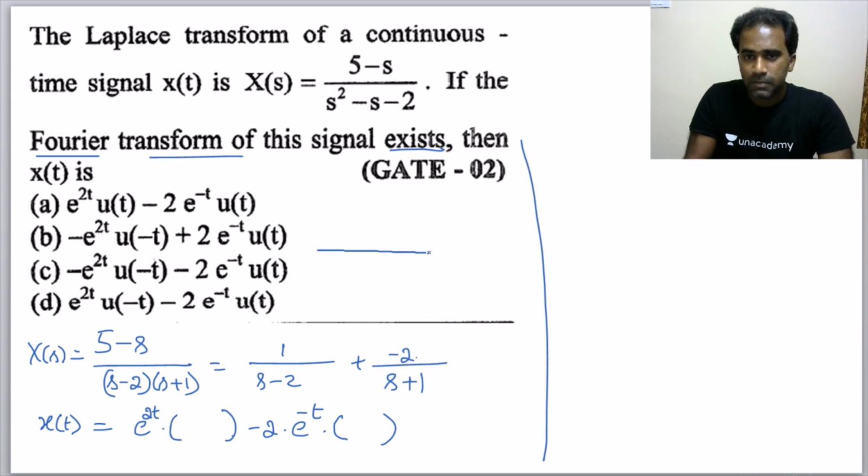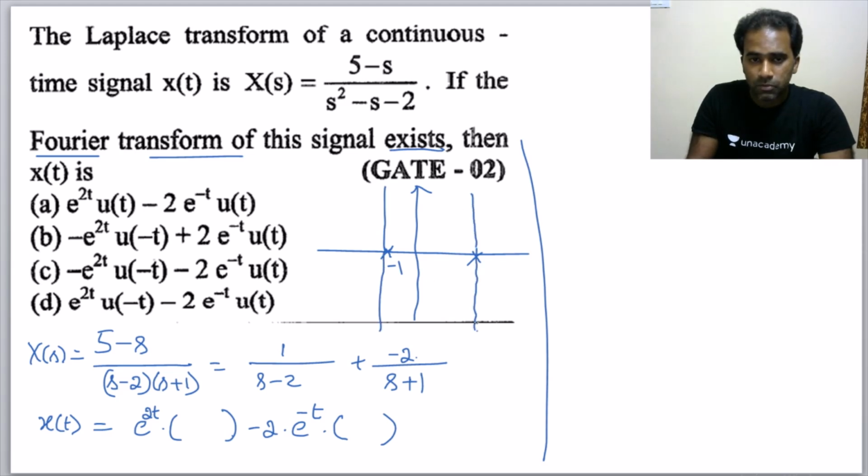So if you take the s plane, s equal to minus 1 is one pole and s equal to 2 is another pole. So draw vertical lines passing through the poles. Zeros do not matter for us.